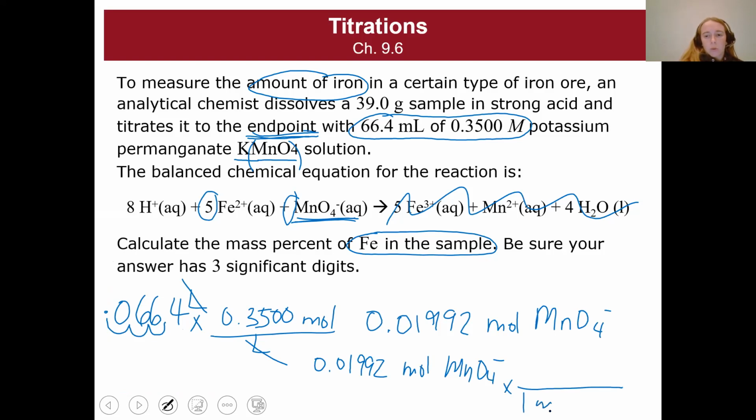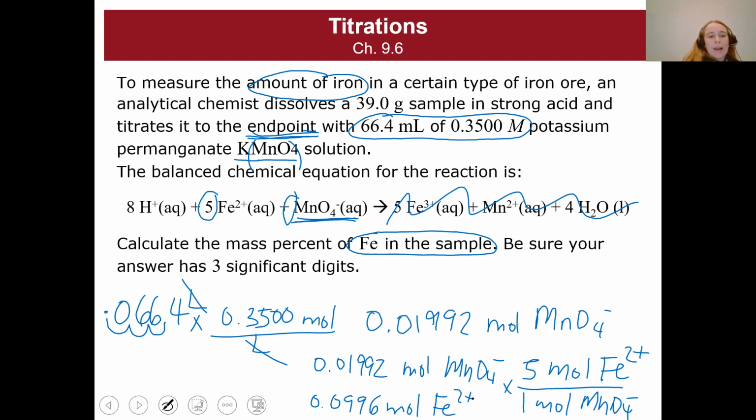So 1 mole of permanganate ion for 5 moles of iron ion. In this case, it's iron 2 plus, but it doesn't really matter. So iron ion. So that's going to get us to 0.0996 moles of iron.